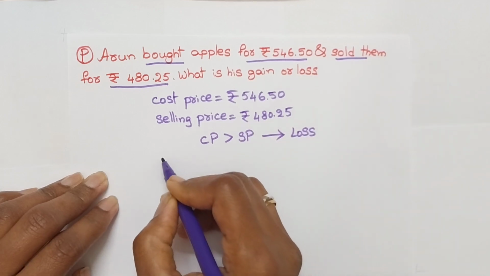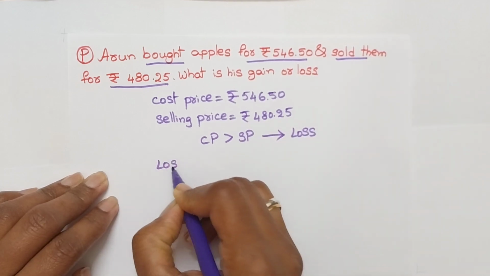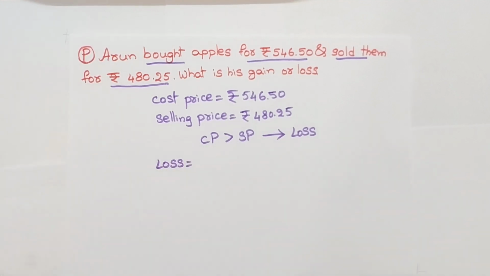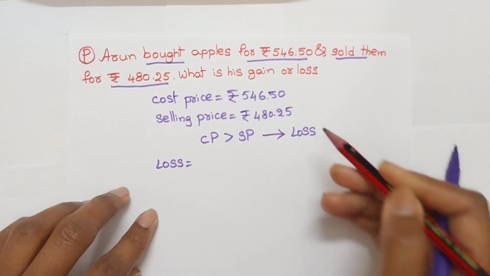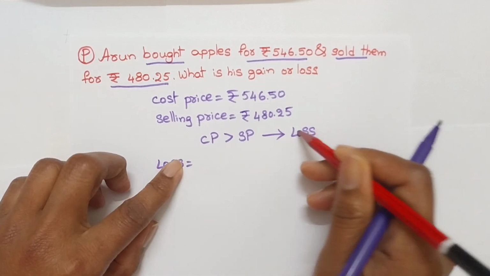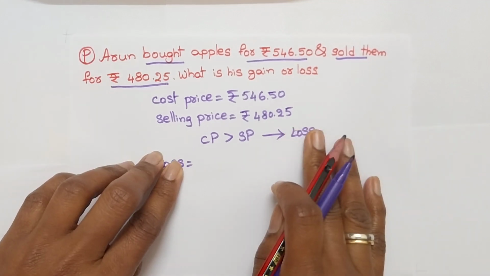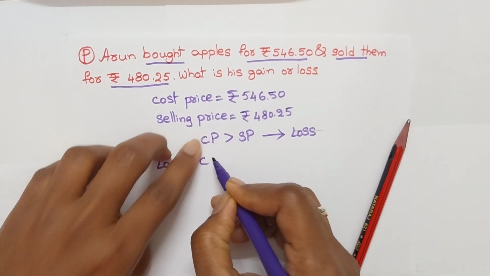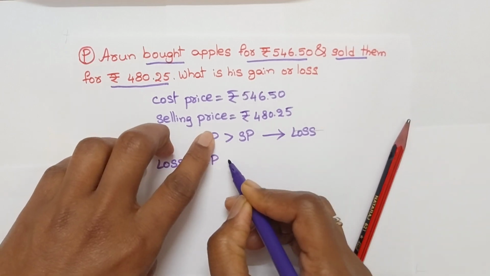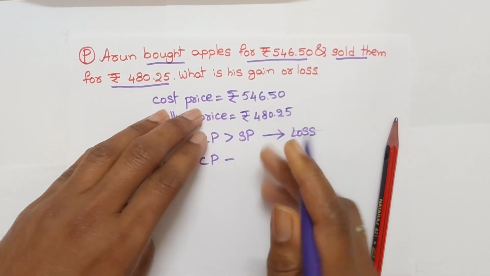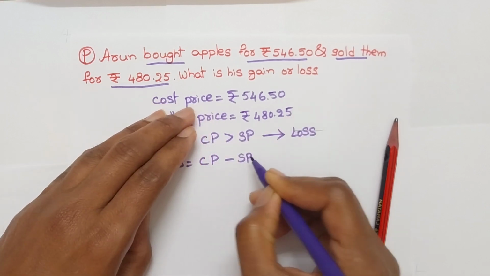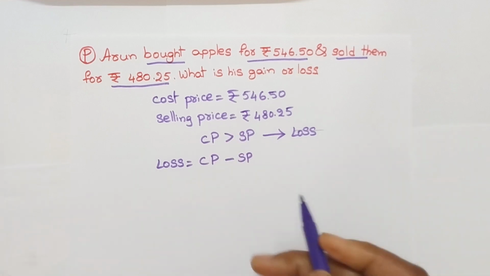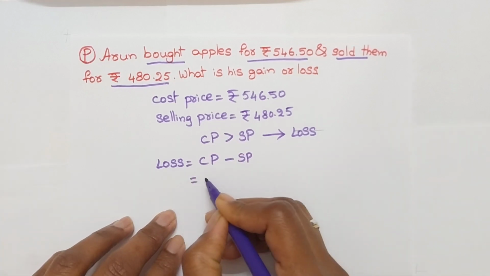How much did he get? The loss. Among these three terms, loss I use, so I am just cancelling it. The greater value, cost price, minus the remaining one we use: selling price. Loss equals cost price minus selling price. So what is cost price?